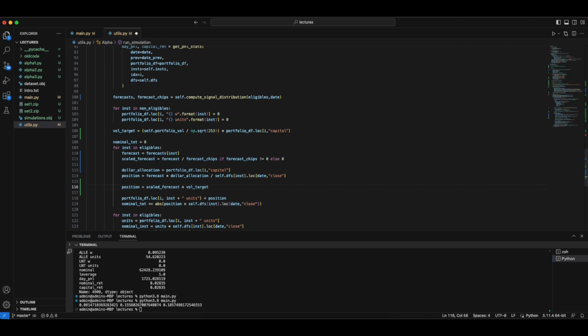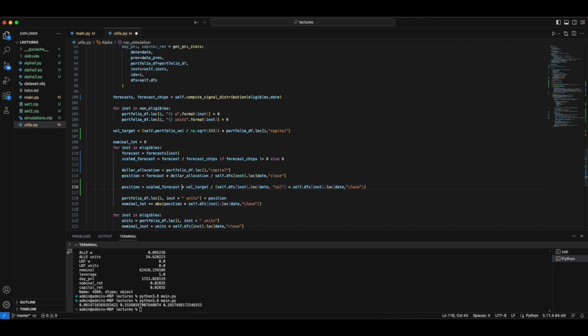Here, the volatility target is for the entire portfolio, but because we scale our forecast to be relative to the instrument, this will be the volatility target for the instrument instead of the entire portfolio in dollar terms. Then we will divide it by the volatility of the instrument, as well as the instrument price. We'll explain what this code is doing in a minute.